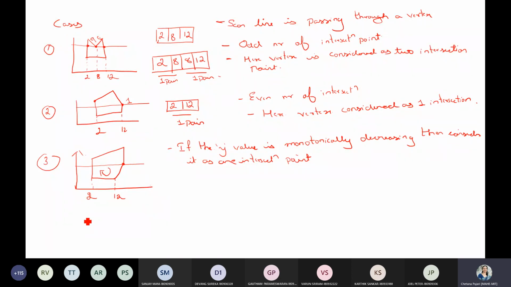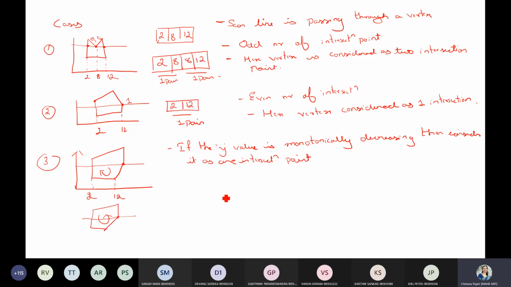Similarly, when you are going anti-clockwise, you have to check the same diagram the other way around. Let's say this is our point, so this is our intersection point, and you have to check in this way. In this case, when you are going anti-clockwise, your y value is increasing.